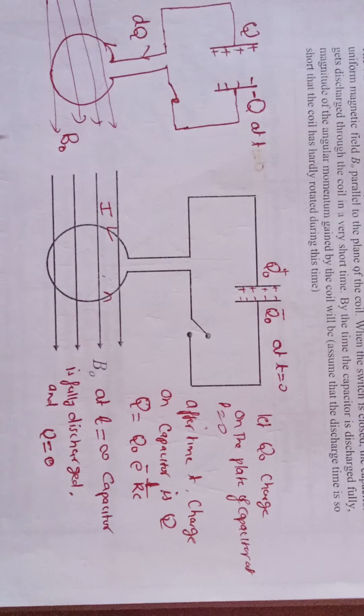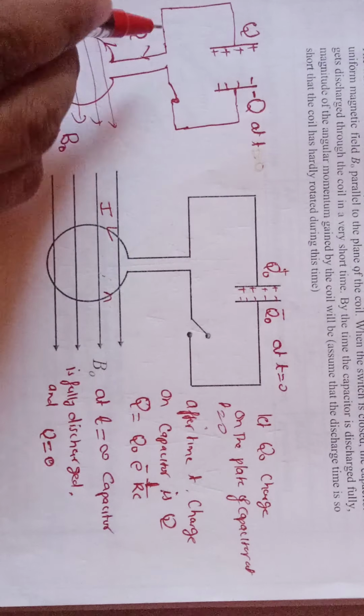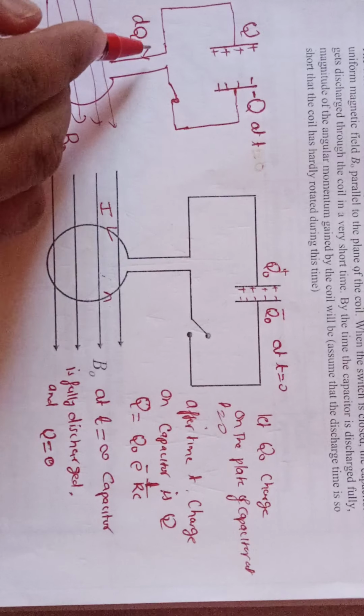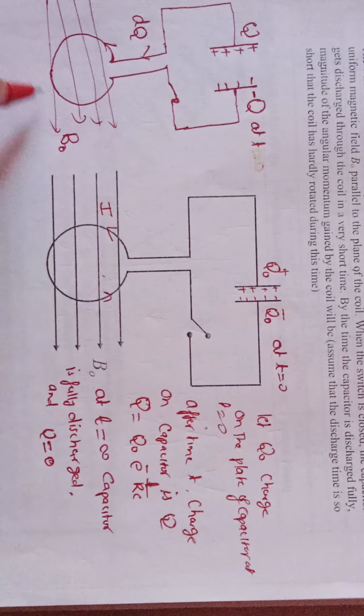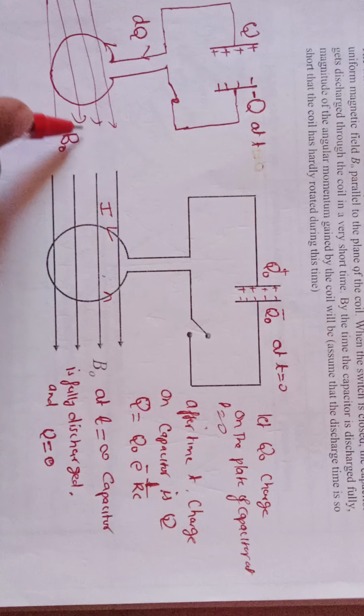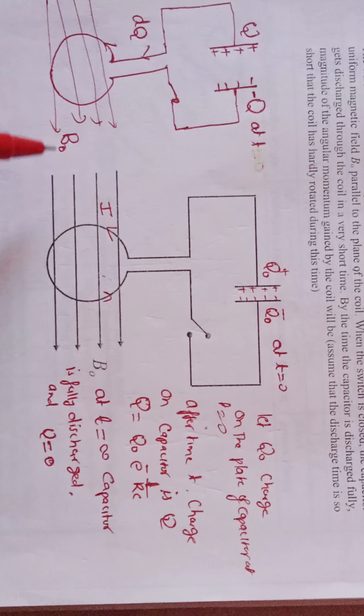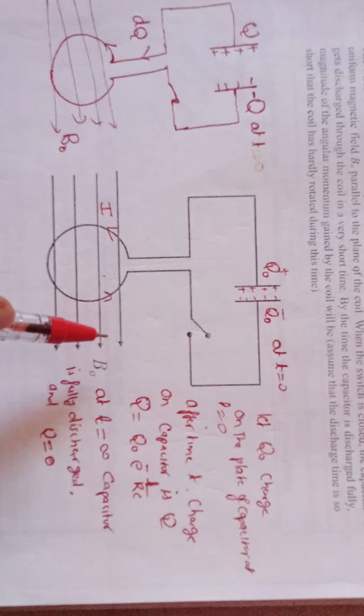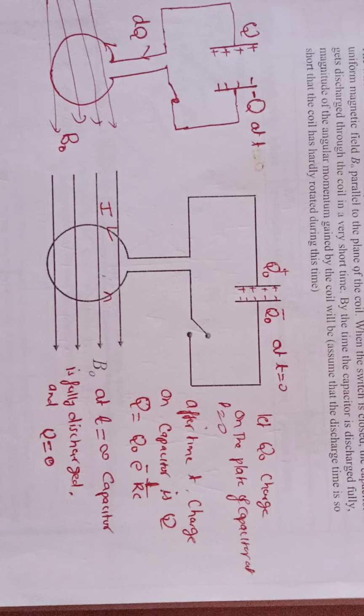Then in a short time dt, we suppose delta q charge is flowing in the circular wire, which is placed in an external magnetic field whose magnitude is B naught. Now we suppose this external magnetic field B naught is along the x-axis, so its direction is i cap.